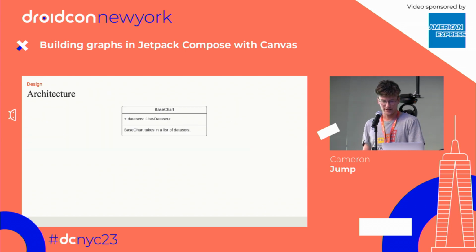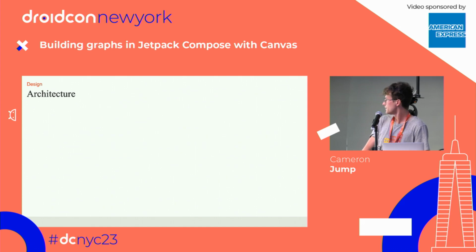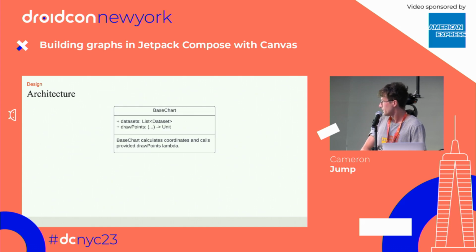And what that's going to look like from an architecture standpoint is, here's my base chart. Right now it's just taking in a list of data sets. Now I want it to draw points, but I don't want the base chart to care about how the points are drawn. So I'm going to declare this draw points lambda, and this is the behavior that I'm going to be passing in.